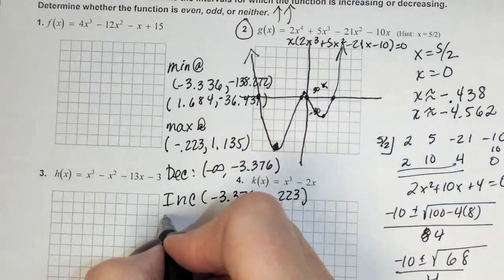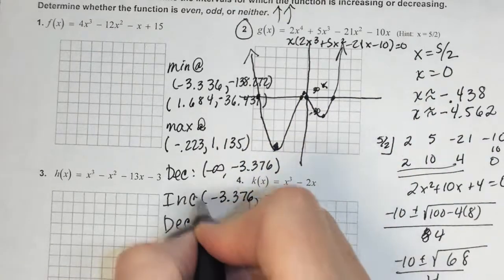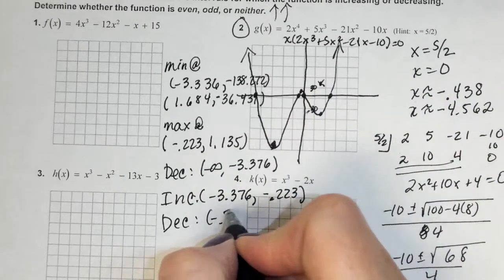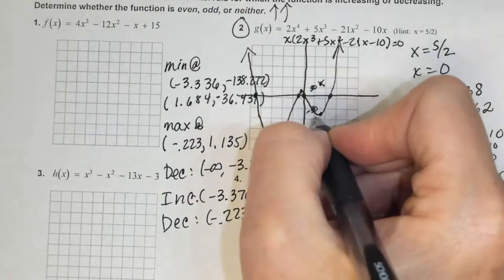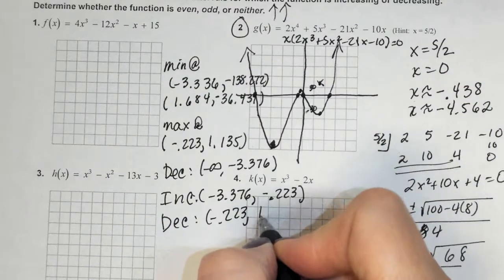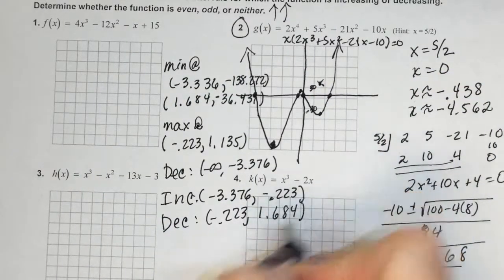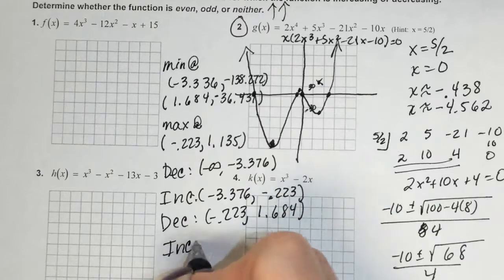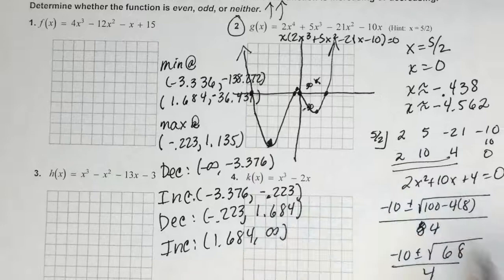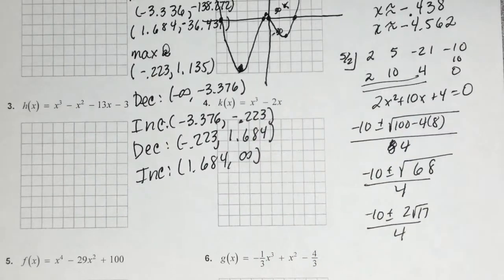And then it's decreasing, this is a bit of a tedious task, decreasing between negative 0.223 and this x-coordinate, which is 1.684, and finally it's increasing again from 1.684 to infinity. You guys get the idea there?